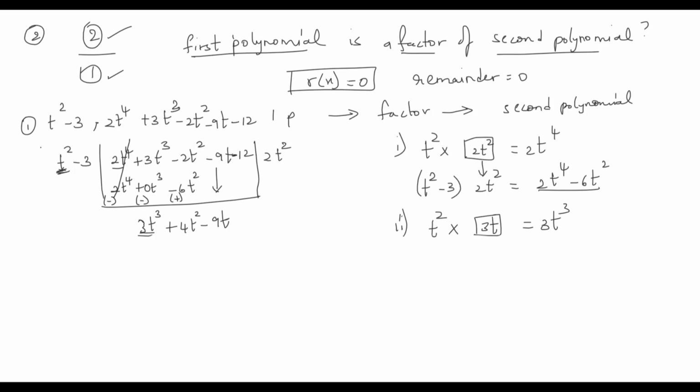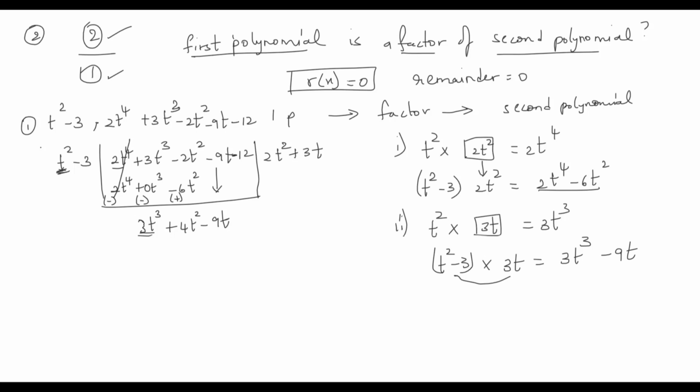It is 3t. So place 3t here. After that, take the whole divisor, that is t square minus 3, and multiply it by 3t. 3t into t square will give 3t cube, minus 3 threes is 9, so minus 9t. This is what we got.